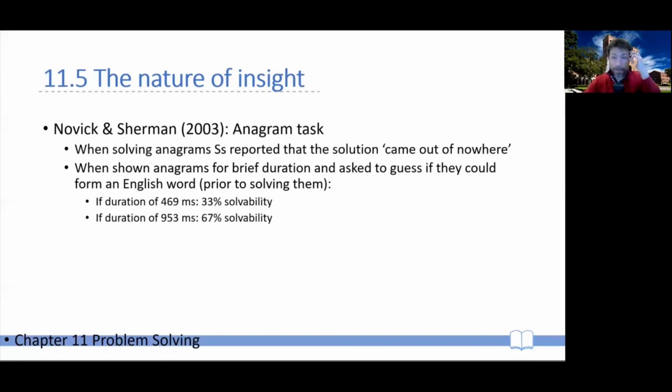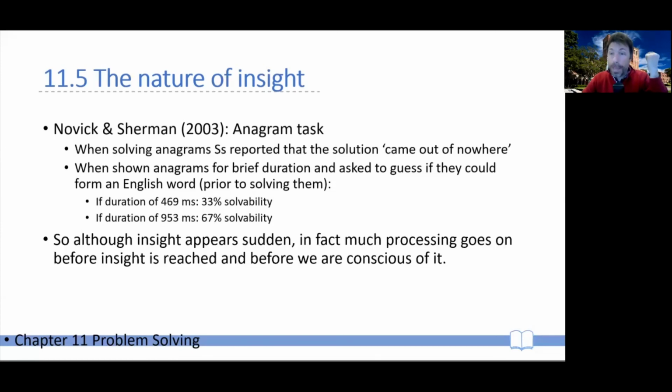So this suggests that much like non-insight problems, although the insight in and of itself appears to be sudden, out of nowhere, it also is based on some type of accumulation of information. Except in non-insight problems, this accumulation, this slow working towards the solution, is happening very consciously.